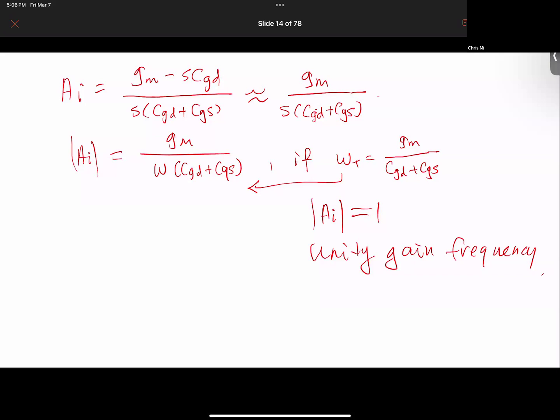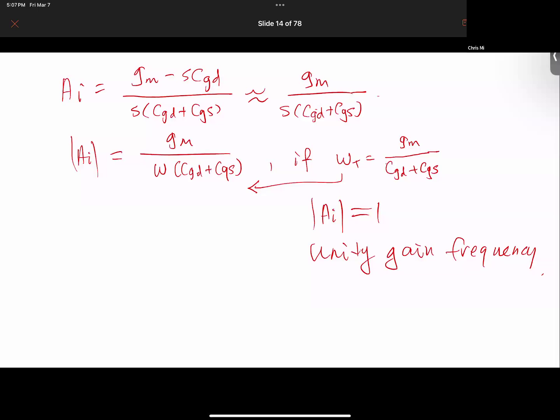But when you have a capacitance in it, your gain actually starts to drop. At some point, your gain approaches 1. That's called your unity gain. The unity gain is very important because at that point your gain is already 1.